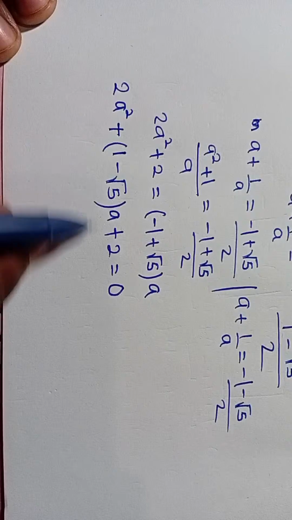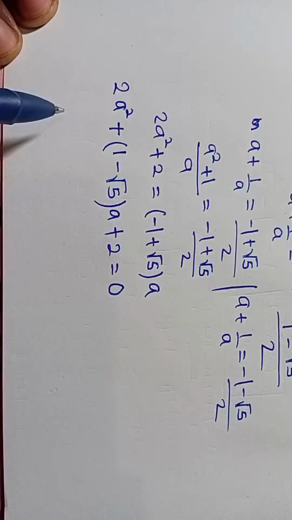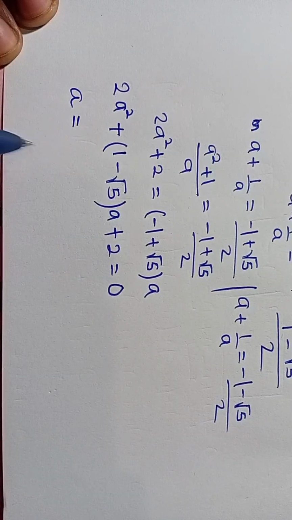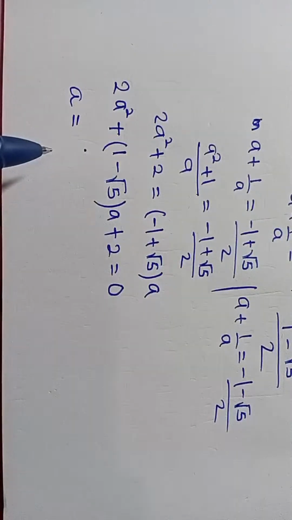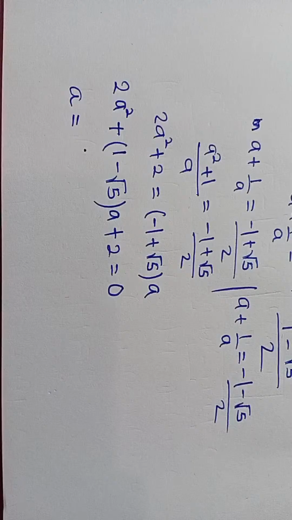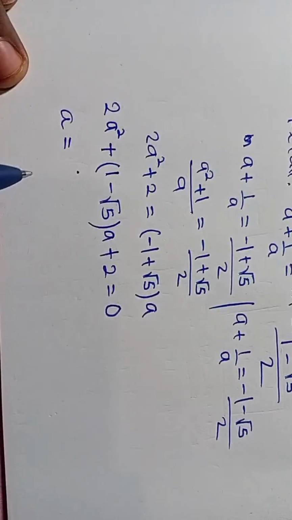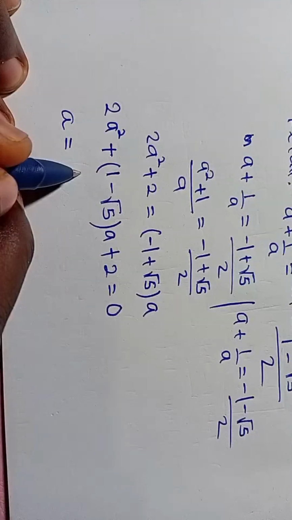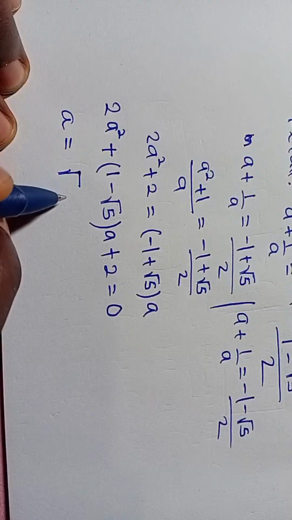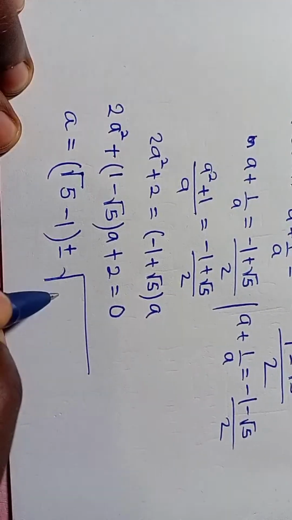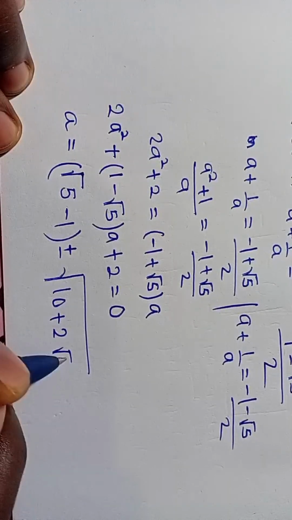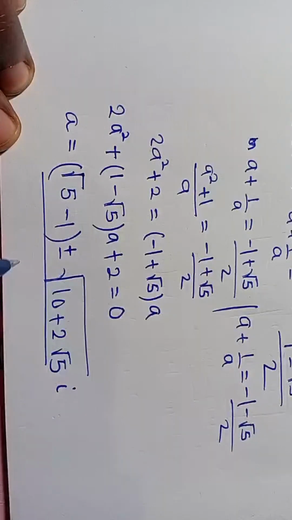Now, when you solve this quadratically, we are going to have a to be root 5 minus 1, positive or negative, root of 10 plus 2 multiplied by root 5 i over 4.